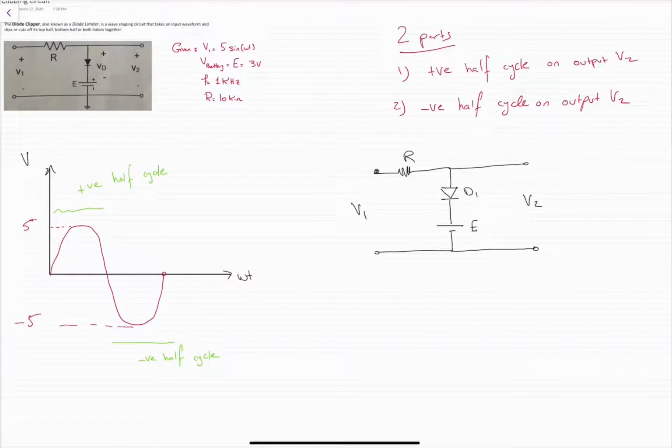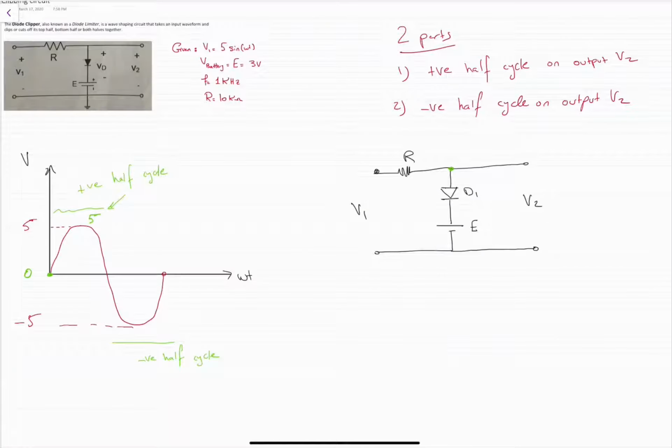Okay. In the first case, the positive half cycle here. As we can see, the voltage is varying between 0 and 5. We know that in order for the diode D1 to be in the forward bias, in order for the diode D1 to conduct, it needs an anode voltage greater than the cathode voltage.